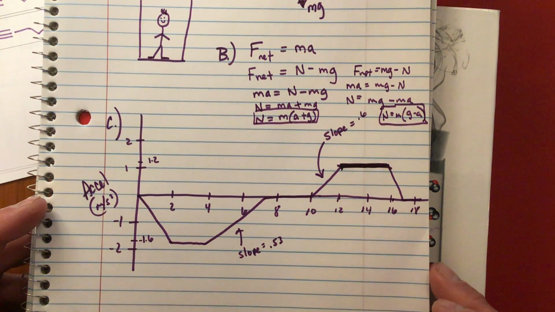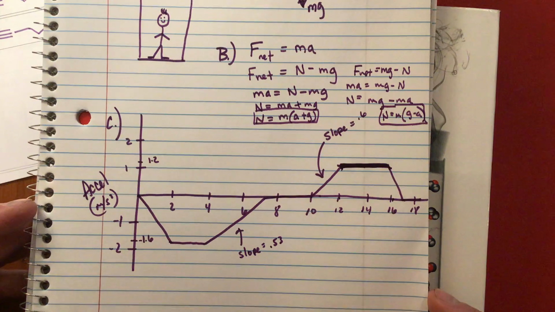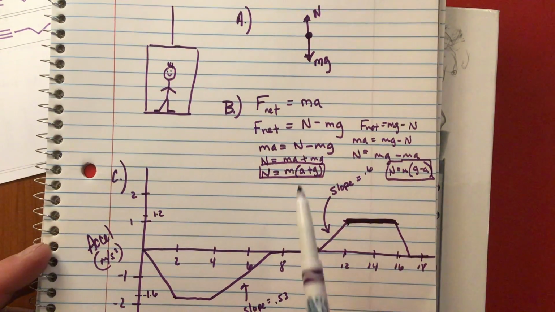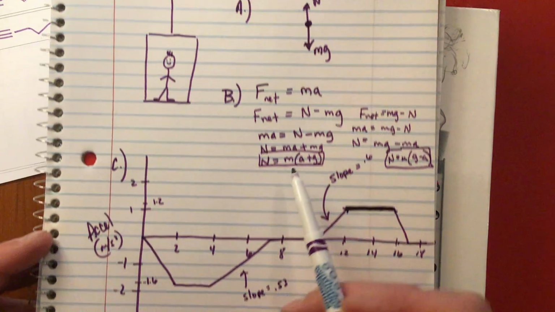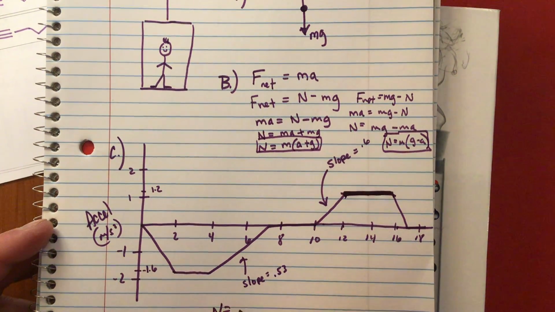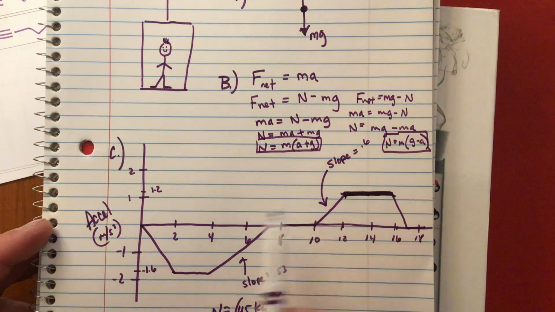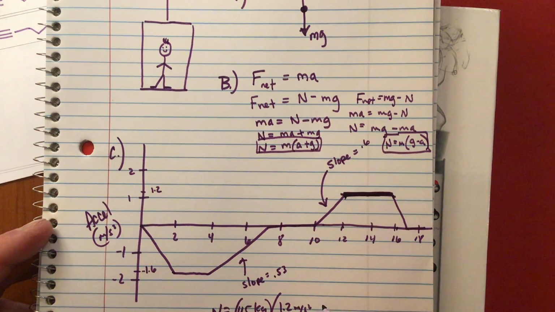And then the next part of C says calculate the magnitude of that maximum force. So I could just use my expression here. And we could say that the normal is equal to the mass of the student, which they're saying is 45 kilograms, times a, which is from this graph 1.2 meters per second squared, plus g, which is, I'm going to say 9.8 meters per second squared.